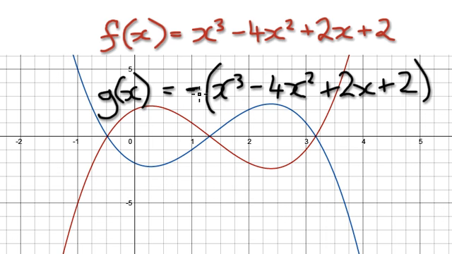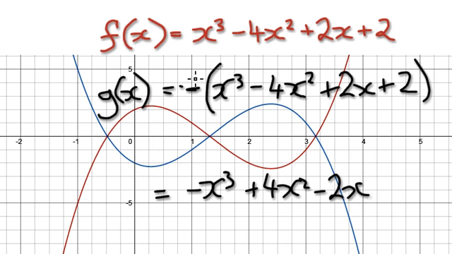Close it off, and a minus here, because this here is our f of x, and then we're applying this transformation here. So this times this here will become, hang on, minus x to the power of 3, and then this and this here would be positive 4x squared, and then this and this here would be negative 2x, and then here this and this here would be negative 2.